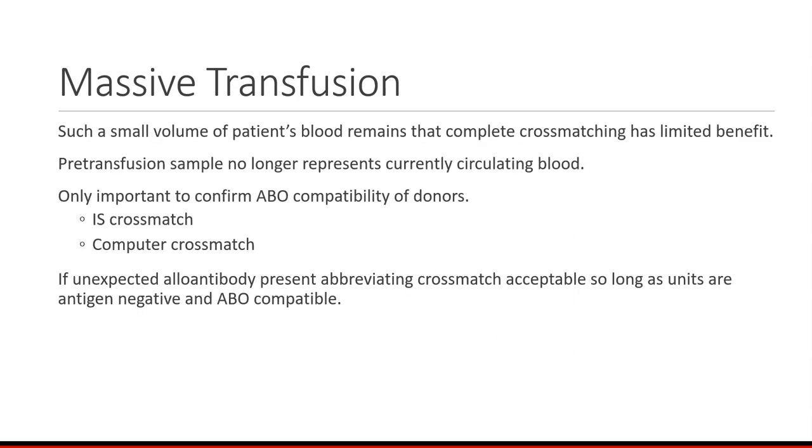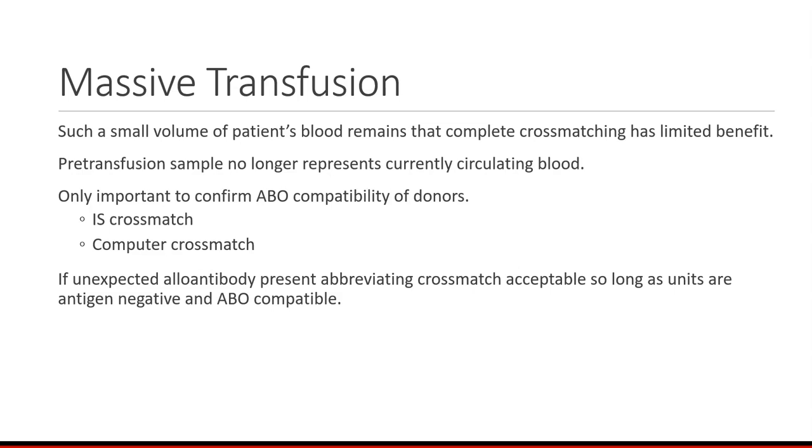If a patient has been massively transfused, there's such a small volume of patient's blood remaining that complete cross-matching has limited benefit. Why? Because the pre-transfusion sample no longer represents the currently circulating blood. We probably have 8 or 10 units of red cells or 4 to 6 units of plasma. The composition of the blood is no longer what was present in the pre-transfusion sample.